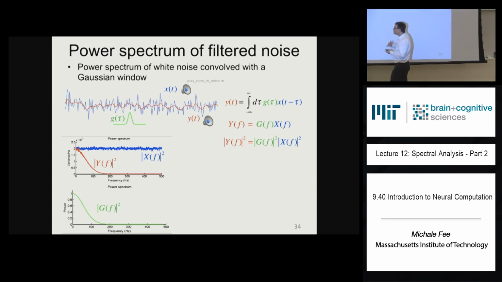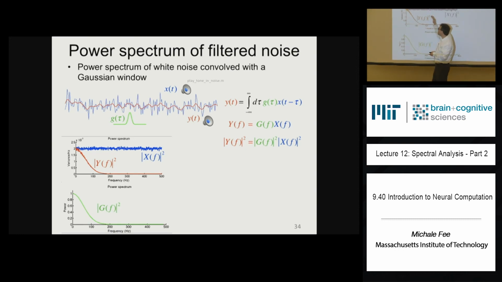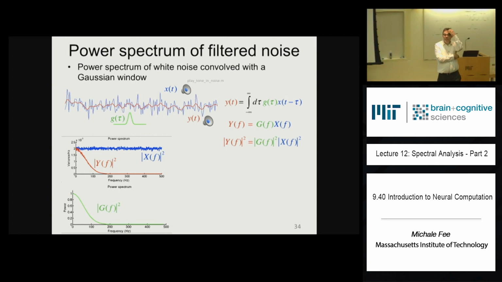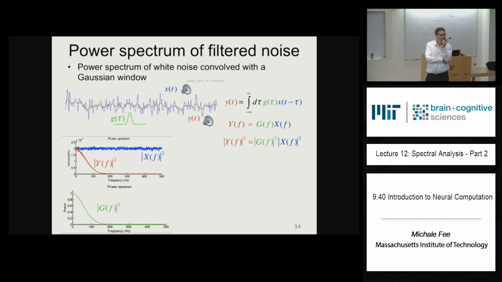So low-pass filtering in the frequency domain means multiplying the power spectrum of your signal by a function that's low at high frequencies and big at low frequencies. So it passes the low frequencies and suppresses the high frequencies. It's that simple. Any questions about that?